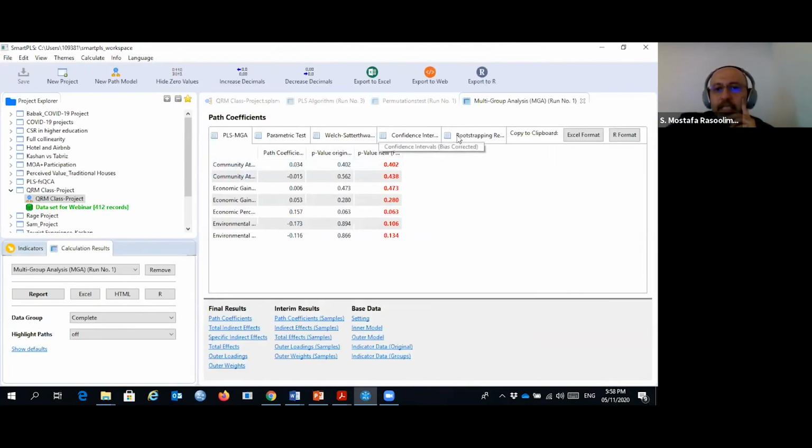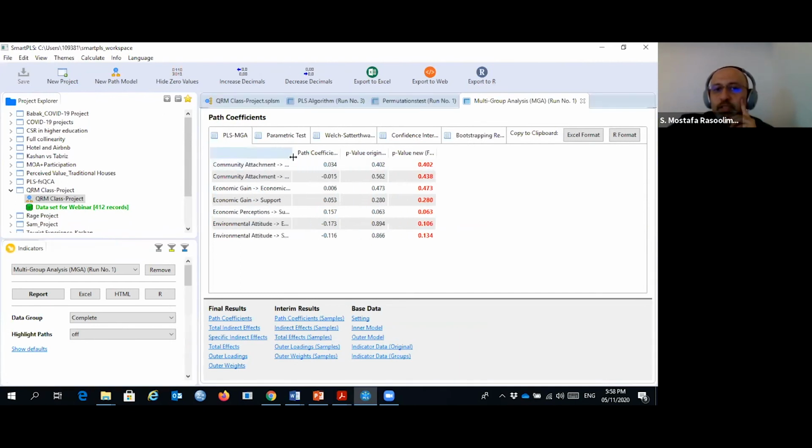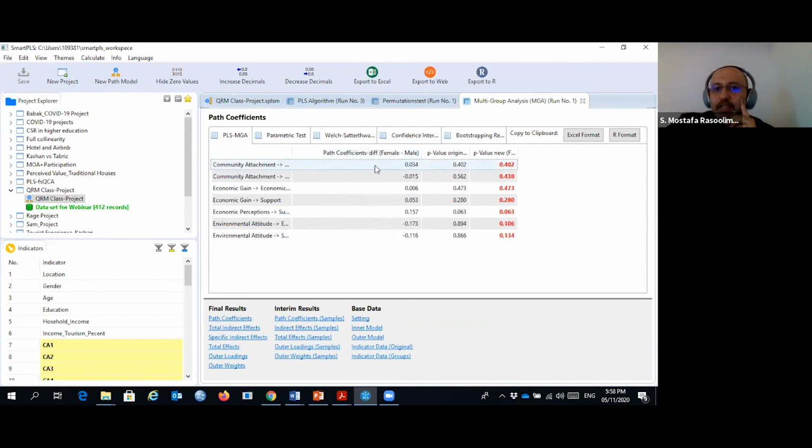Here you can see the result of PLS-MGA, the parametric test, and some other tests. The best one is PLS-MGA, which is a non-parametric approach. This is the difference between path coefficients, and this is the p-value. You can see all p-values are higher than 0.05.